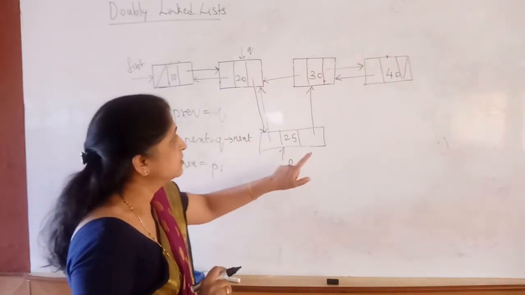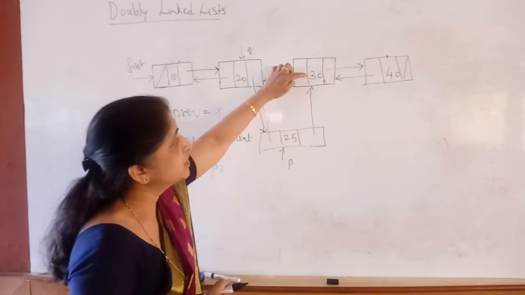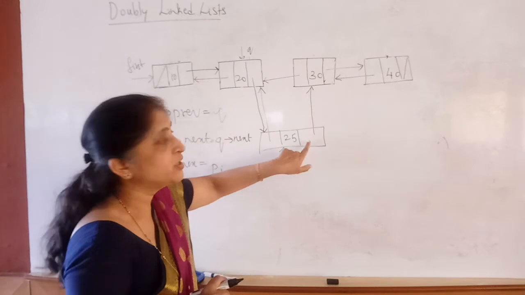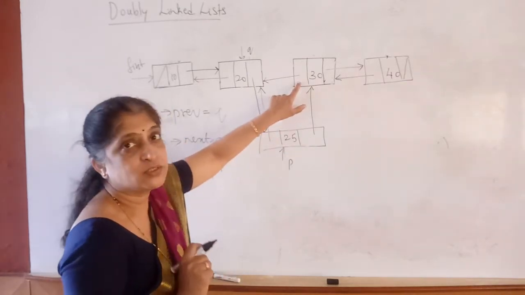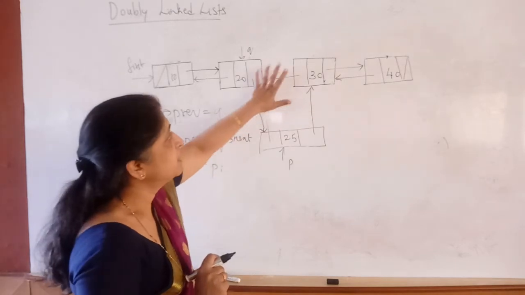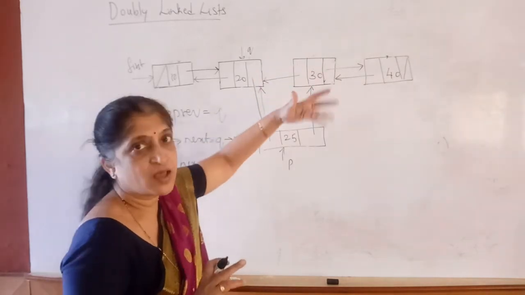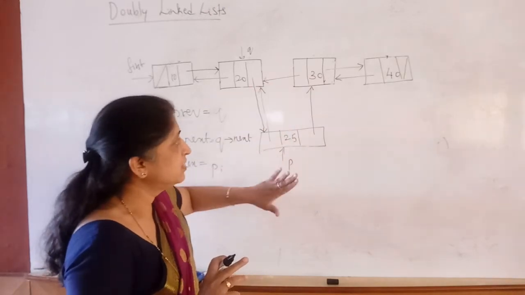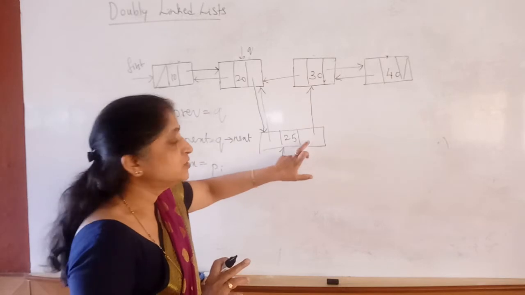Now I have to write into this field. I have to make 30's previous field point to this. To write that, how do I get a pointer to this node? Currently I do not have any pointer. I could have written a pointer R or something, but currently I have to make this field point to this.